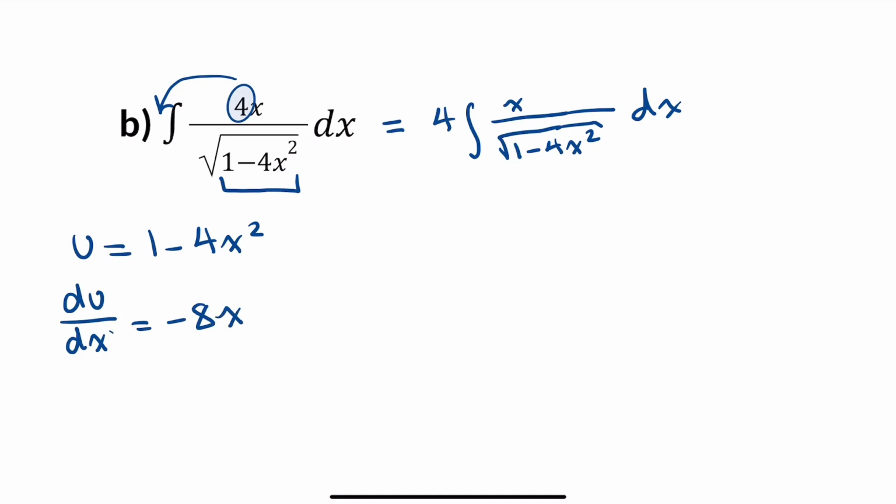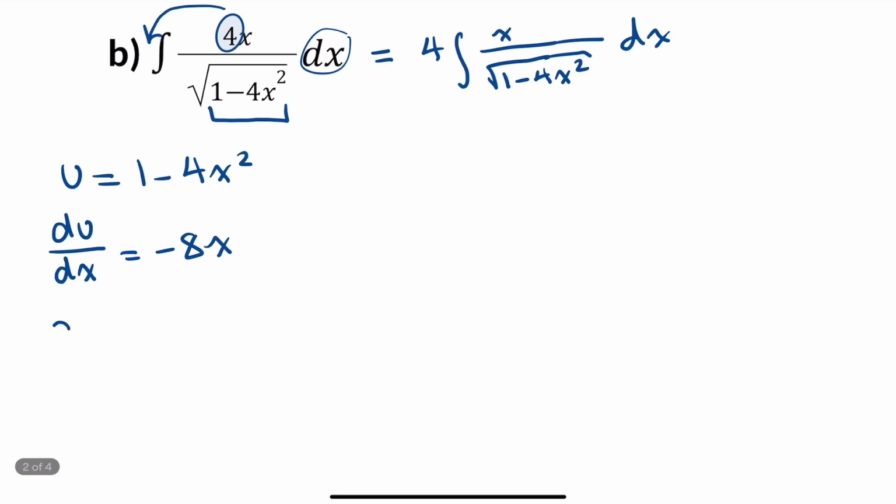Now I want to get this in terms of dx, so I'm just going to multiply both sides by dx, and I get du equals negative 8x dx, and then solving for dx, we get du divided by negative 8x is equal to dx.